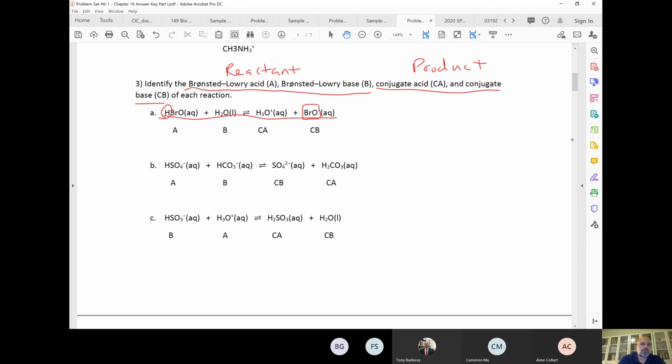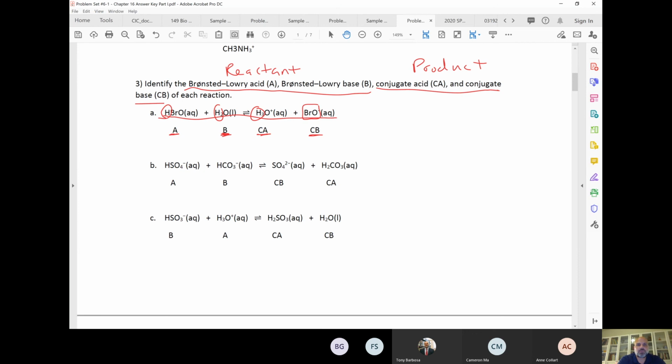So your acid is always going to become a conjugate base. Then you have your water. In this case, the water is a base, and it's the thing that picks up the extra proton. So we went from 2 protons to 3 protons, and that base is always going to become a conjugate acid. So that's how it goes for a simple reaction with water.